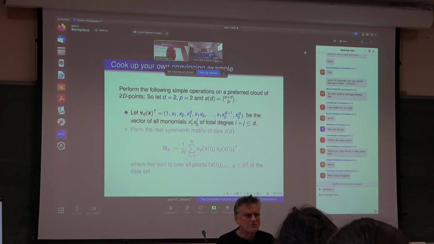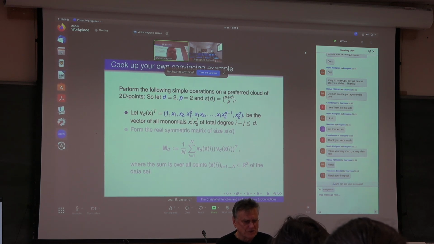So how do you compute this polynomial? You will see that it is quite simple. Here we are in dimension p equal 2, so p is the dimension; we are in two variables. d will be the degree of your polynomial. And s_d is just this scalar, which, as you have seen in the talk of Victor before, is the dimension of the vector space of polynomials of degree d in p variables.